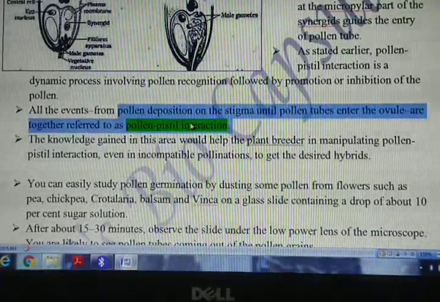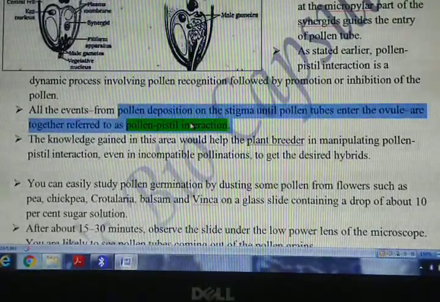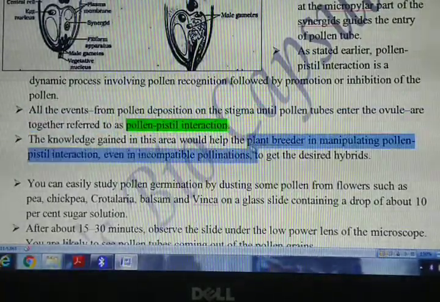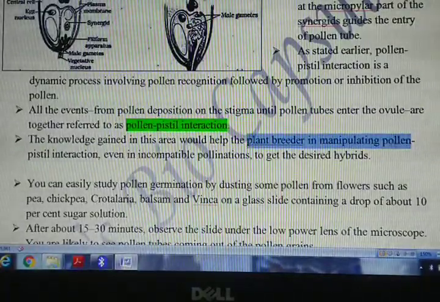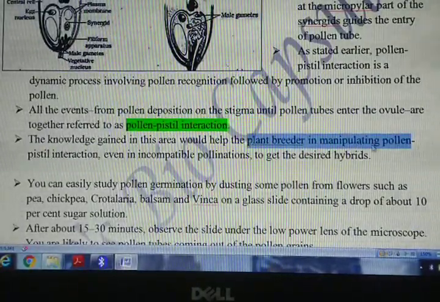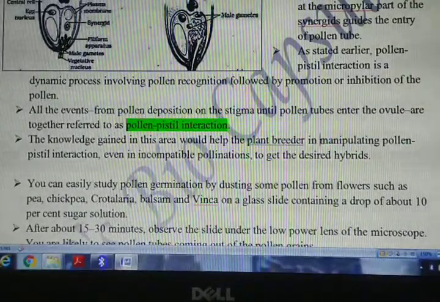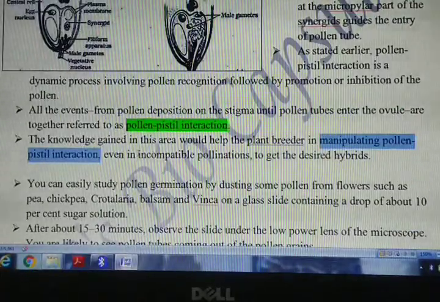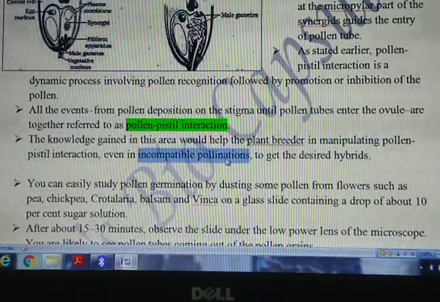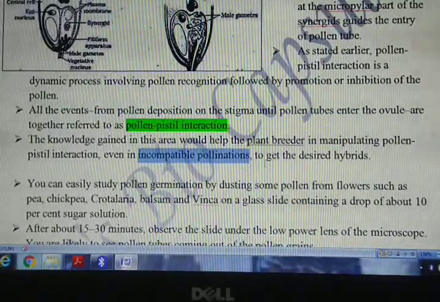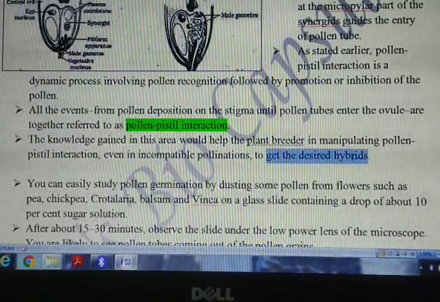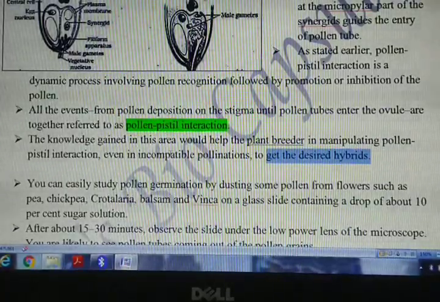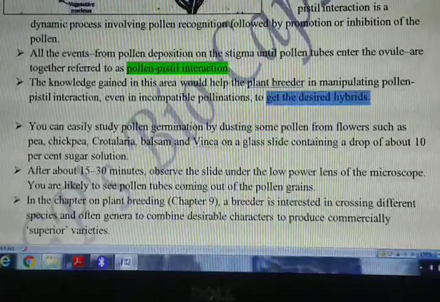This is very important for a plant breeder to know, so that the plant breeder can use that knowledge in manipulating the pollen-pistil interaction, even in the condition where the pollen grain is incompatible with the stigma, so that they can develop a hybrid plant. So I'll continue this in the next video.